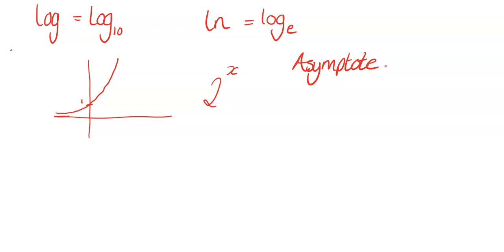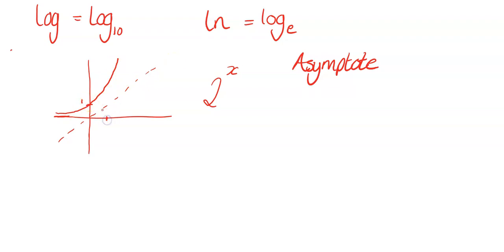For a logarithm, I've mentioned that it's the inverse to powers. So it's the inverse to this line, it's the inverse function. And any time you're trying to graph an inverse function, you reflect the curve you already have in the line y equals x.